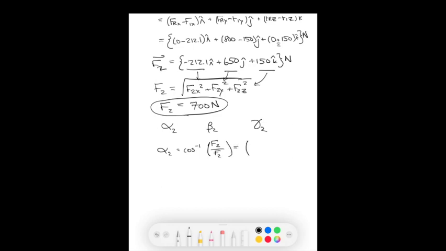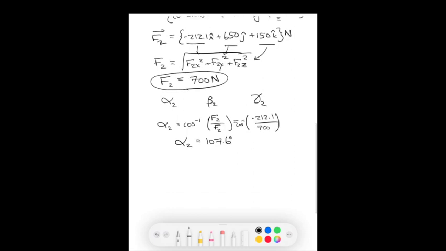And that's going to be equal to negative 212.1 over 700. It's the inverse cosine of that. And when we do that, we find that alpha 2 is equal to 107.6 degrees.